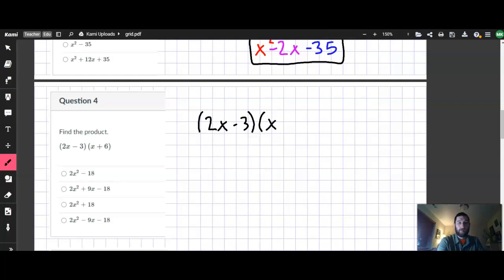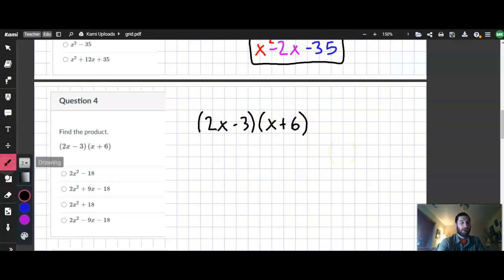So first, just as an aside, because of the fact that the 2x minus 3 is being subtracted and the x plus 6 is being added, we do indeed need the parentheses around both factors here. We need the parentheses around the 2x minus 3, and we need the parentheses around the x plus 6, because both of them need to be grouped together separately in order for this multiplication to pan out.